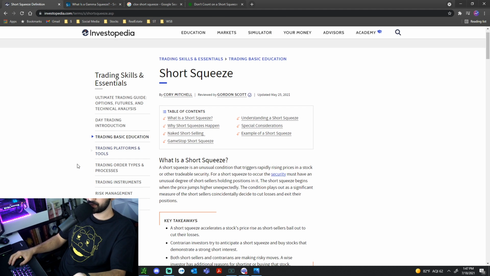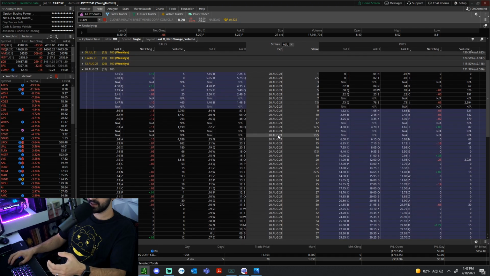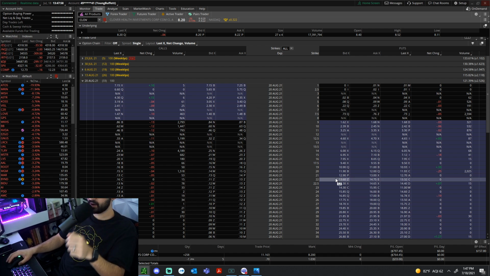Now, a short squeeze is a little different. A short squeeze accelerates the stock's price as short sellers bail out of their position to cut their losses. When somebody is shorting a company, they are selling you puts, they're selling you calls, they are shorting the stock, and they want it to stay down.